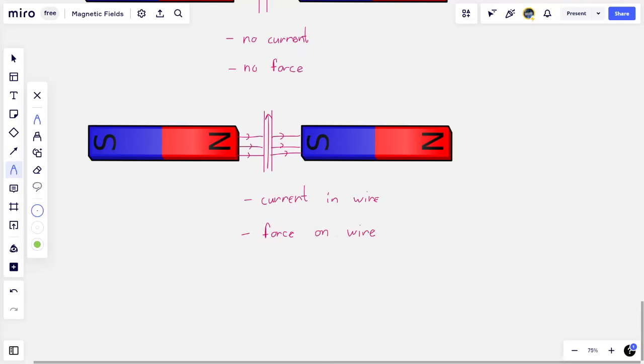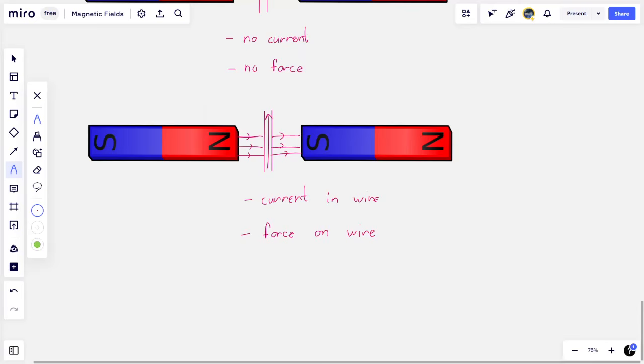So when current flows at some angle to the magnetic field lines, then the wire in which the current is flowing feels a force. Or we sometimes say the current is feeling the force. That's quite an important concept to understand, that only when the current flows will a wire feel a force. If I remove the current, then there isn't a force.